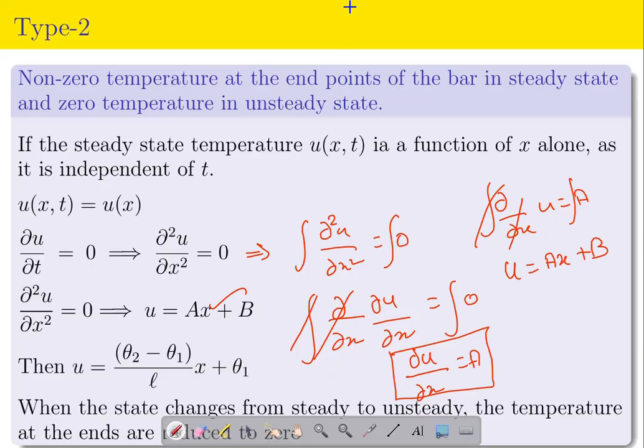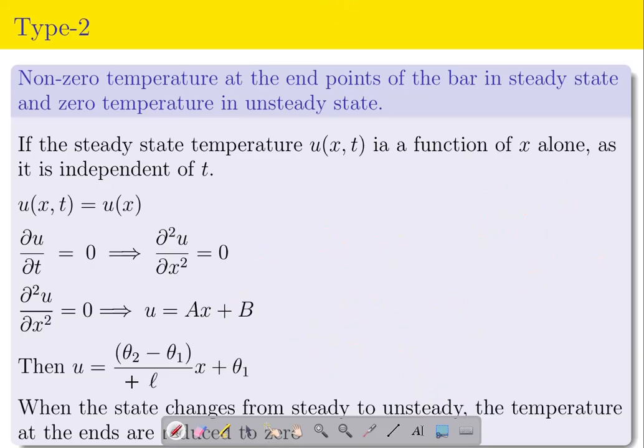So then u is nothing but theta 2 minus theta 1 divided by L into x plus theta 1. So instead of using these results, we will get this concept. The steady state changes from steady state to unsteady state, so the temperature at the ends is reduced to 0.